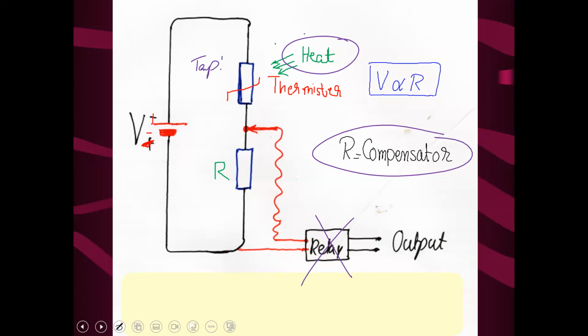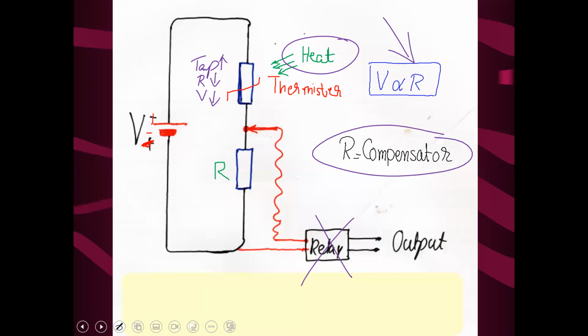The temperature increases. As a semiconductor, when temperature increases, resistance decreases. What is the rule? Voltage and resistance are directly proportional. When resistance decreases, voltage also decreases.